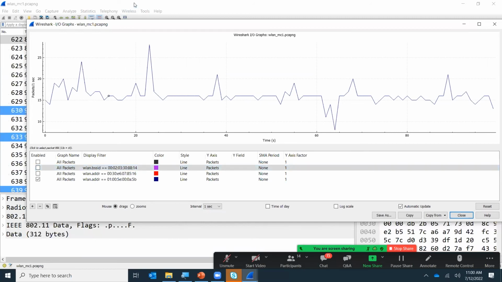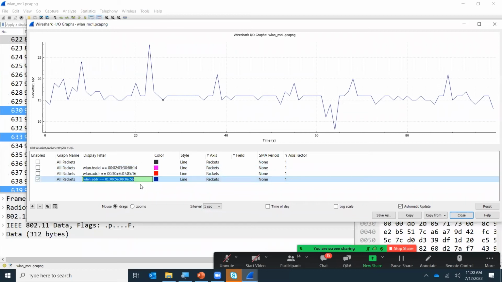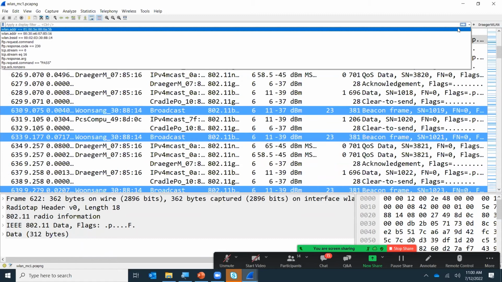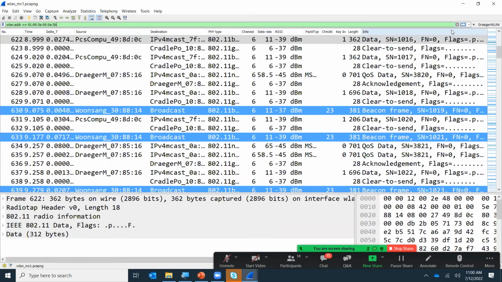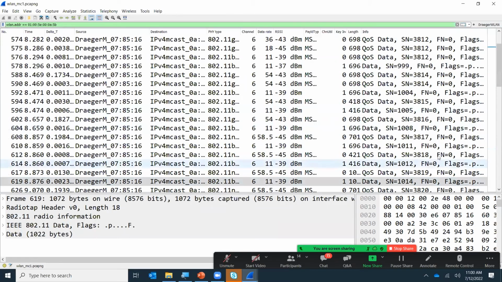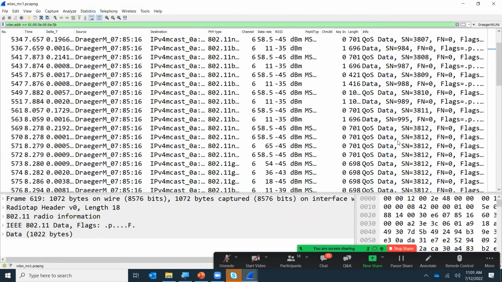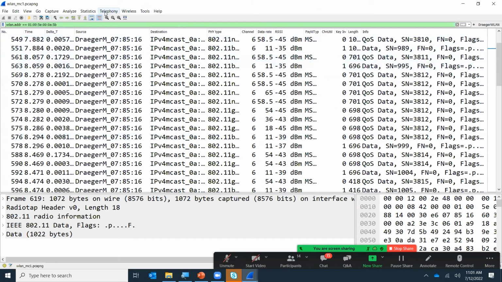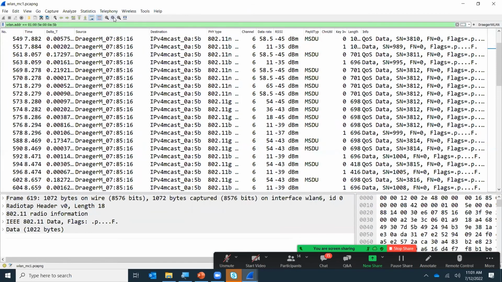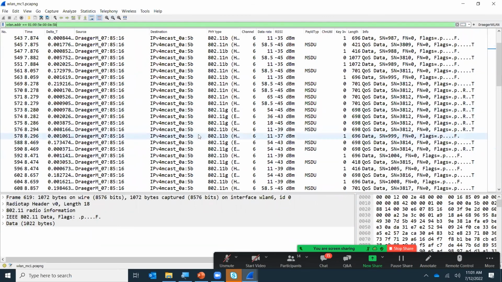I'll click and go, and let's make my filter, my traffic 01005E. There we go. So I clicked on that. Sorry, I'm going to zoom out. I apologize. I hope that's visible, but certainly you can see the pattern difference here, right? You see the pattern difference?